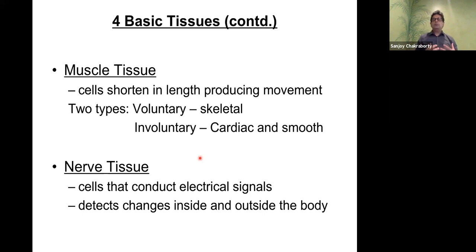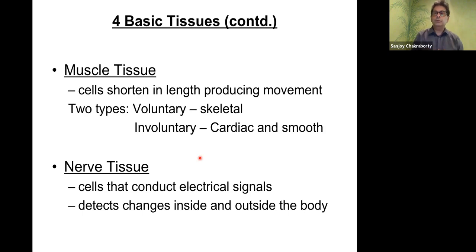But if I want to increase my heartbeat, I cannot do it. My body can do it. So that's an involuntary control. If I do exercise, my body will increase the heartbeat if needed, depending on how extensive that exercise program is. But just by sitting here, I cannot increase my heartbeat.